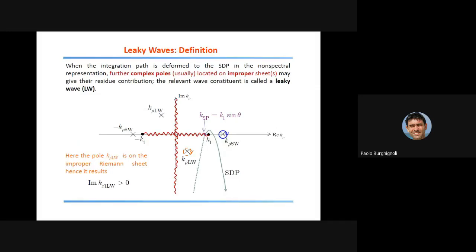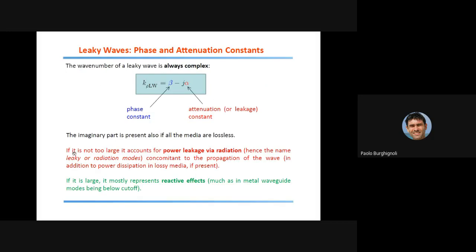Something which is very peculiar of leaky waves and which constituted a big problem for the first who studied this kind of waves in the 40s and 50s of the last century. That's because, of course, you cannot have a physical wave that exponentially increases to infinity. But we will see how to solve this problem in a moment.